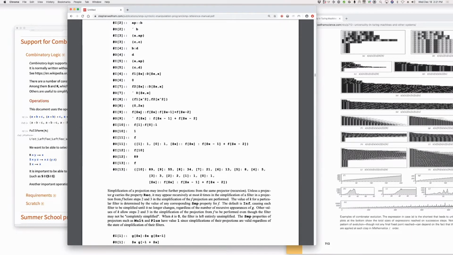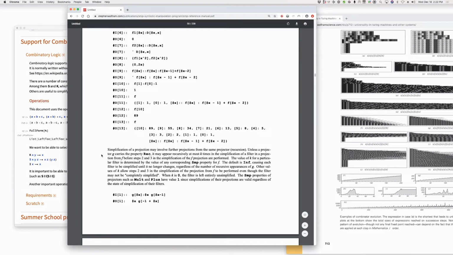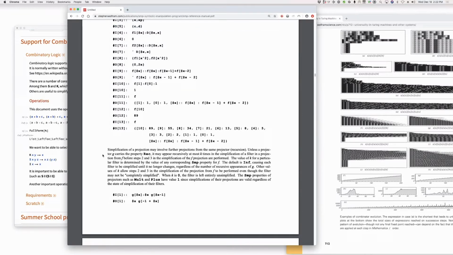This is completely obscure. Oh, here we go. May involve further projections from the same projector recursion. Unless a projector carries the rec property, it may appear recursively at most k times in the simplification, blah, blah, blah. The fact that 40 years later we still don't understand this is a super bad sign.